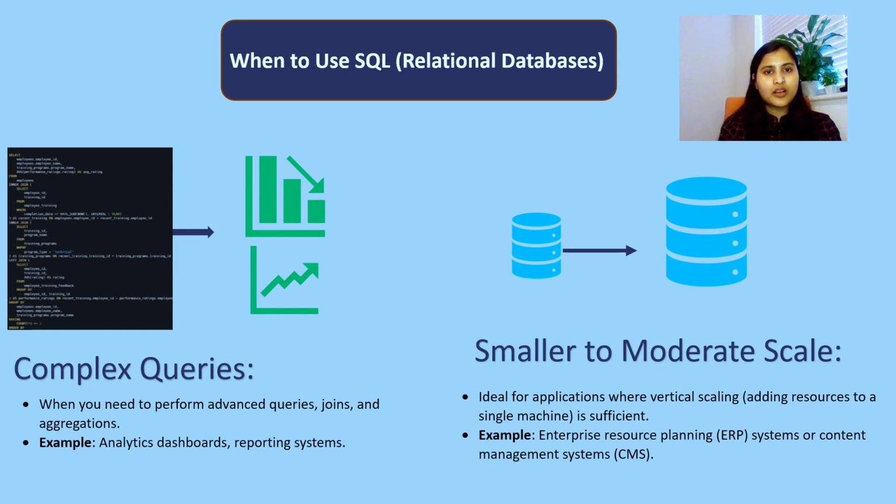Last of them are complex queries and vertical scaling. If you need to perform complex queries, or if your application fits within a smaller to moderate scale where vertical scaling is required, SQL is a fantastic choice. It is the backbone of many analytics dashboards and reporting systems.